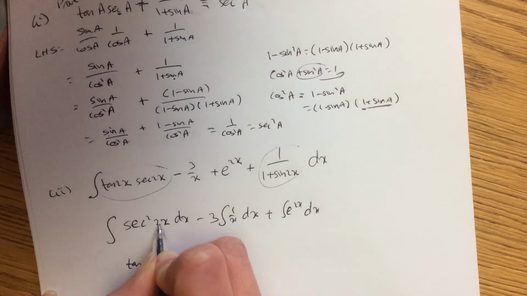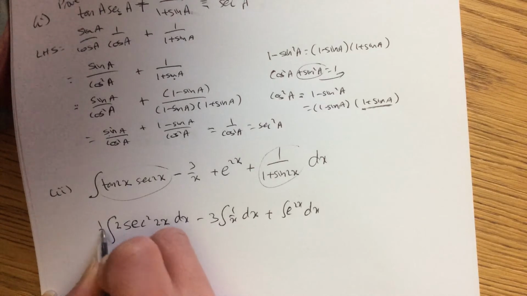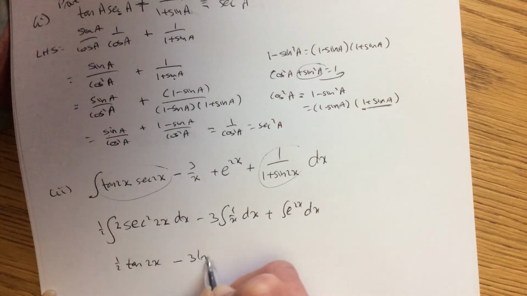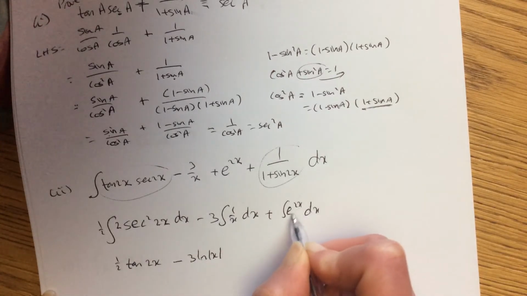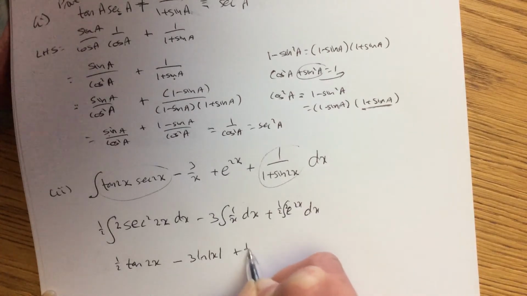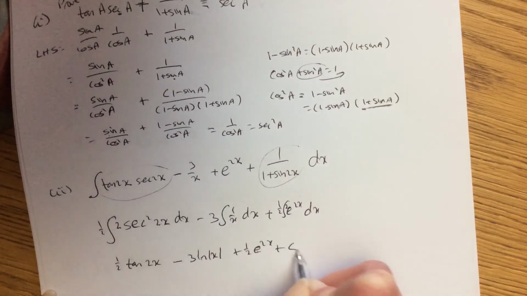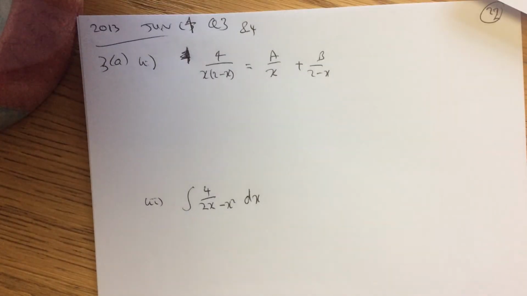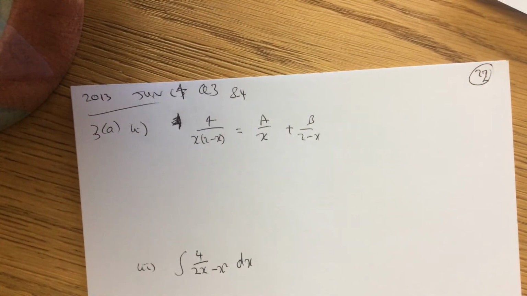But you must have the derivative in front. The derivative is 2, so balance outside with a half. So it's a half tan 2x. Derivative of the bottom is on top, so just log the bottom. To integrate an e, you must have the derivative in front, balance outside, so it's half e to the 2x plus c.